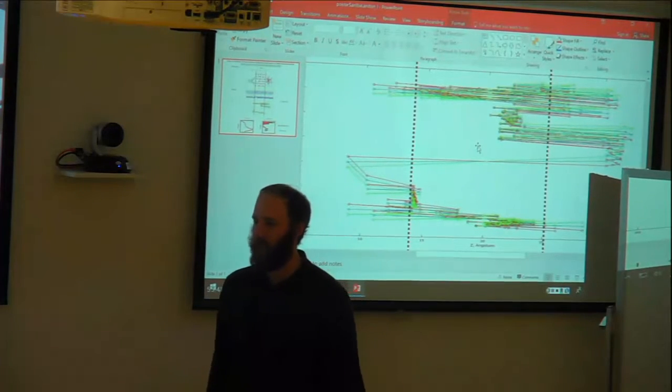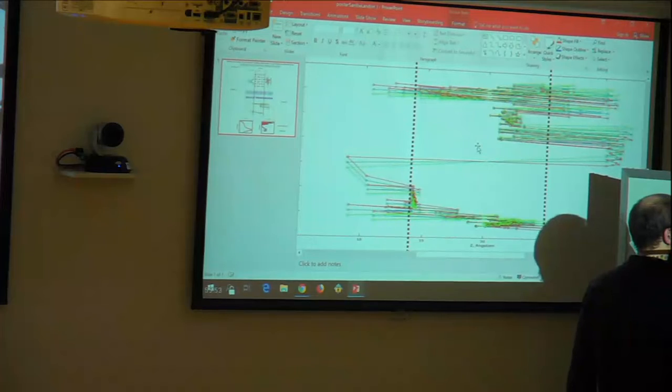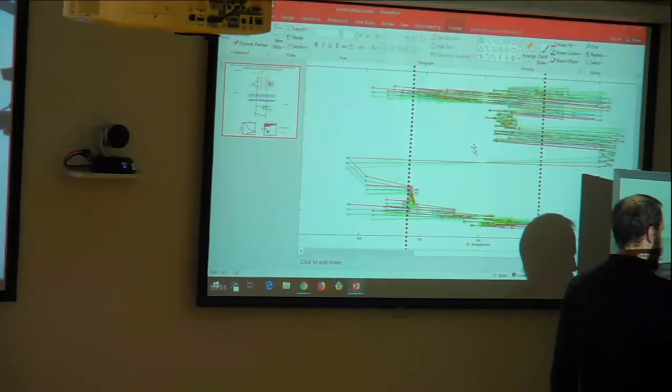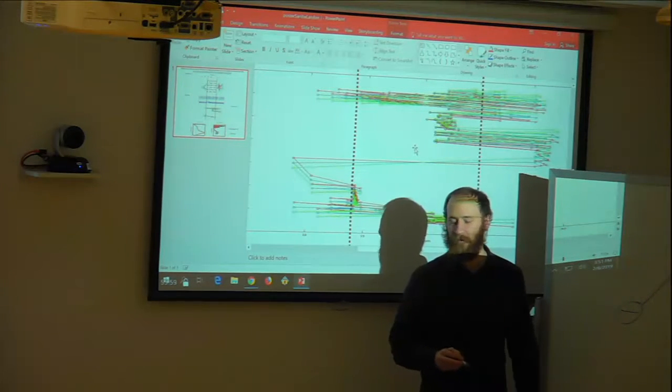So what is a dipole? This is a dipole. And what is the equation for the dipole?